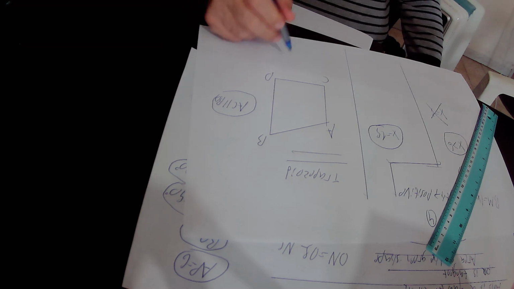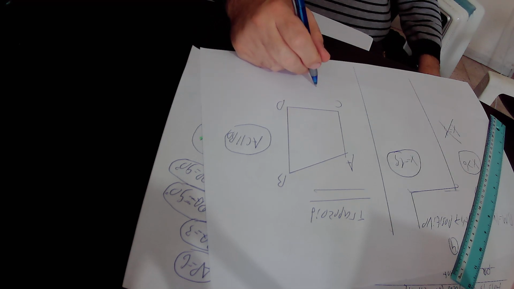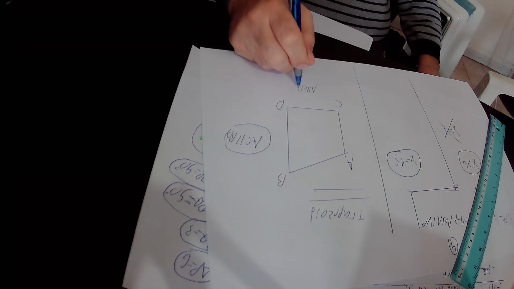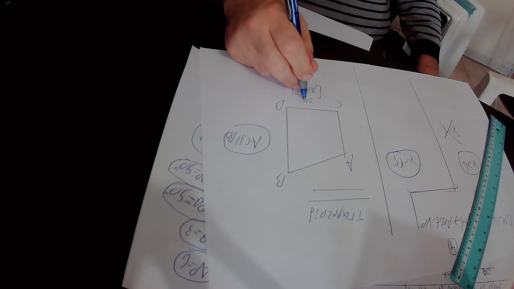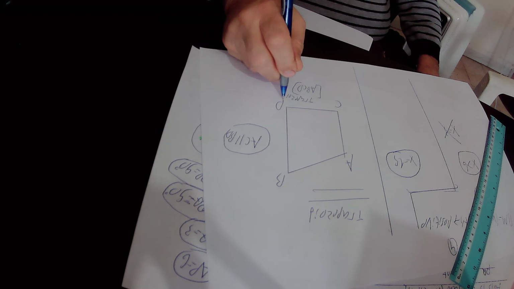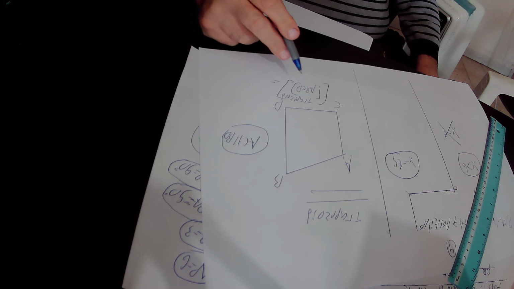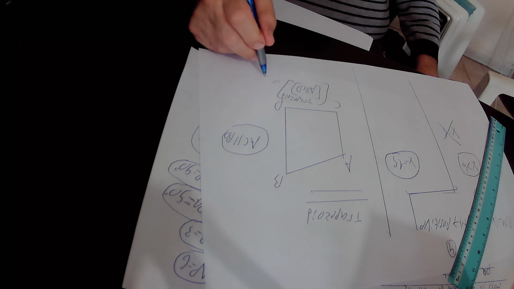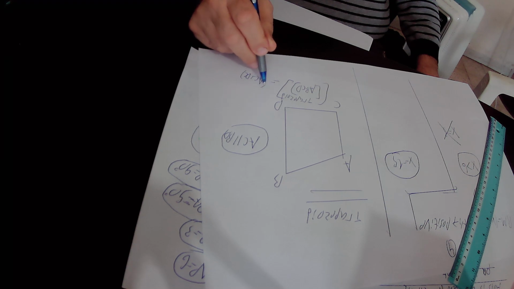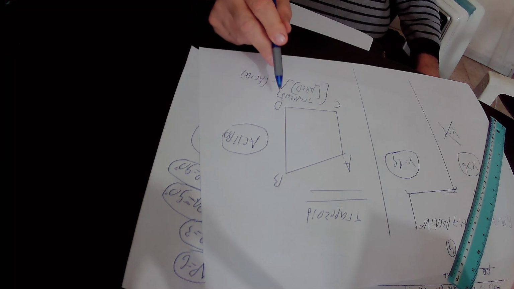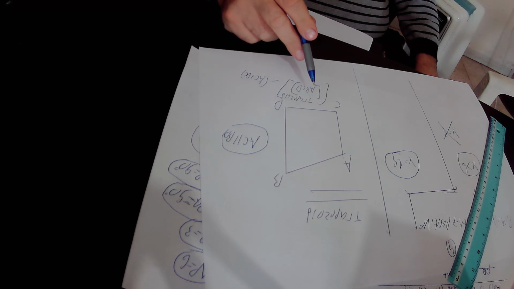The area of trapezoid ABCD equals AC plus BD, the sum of its parallel sides. The parallel sides AC and BD are defined as the bases of the trapezoid.